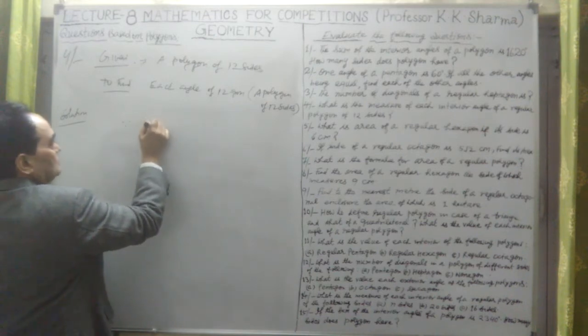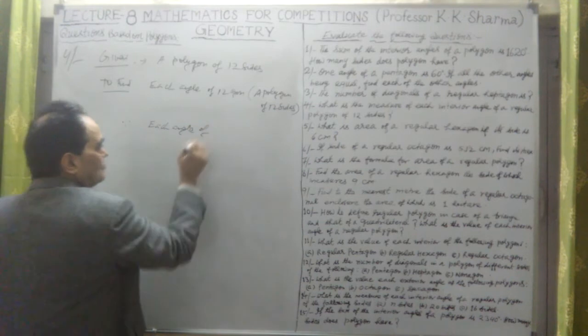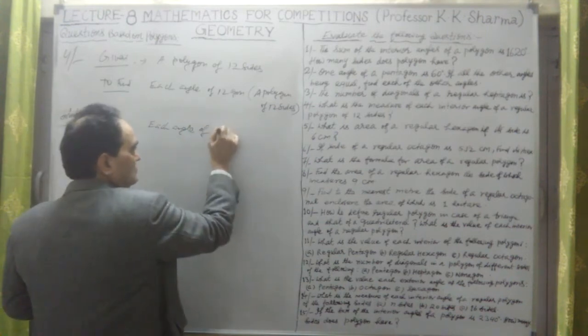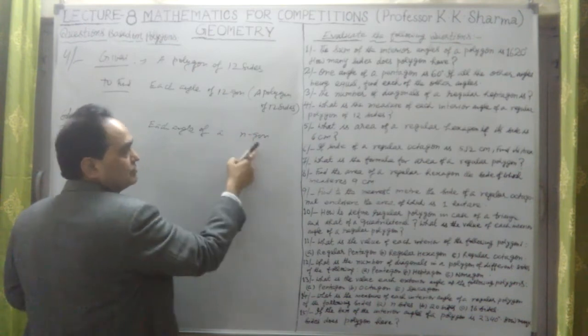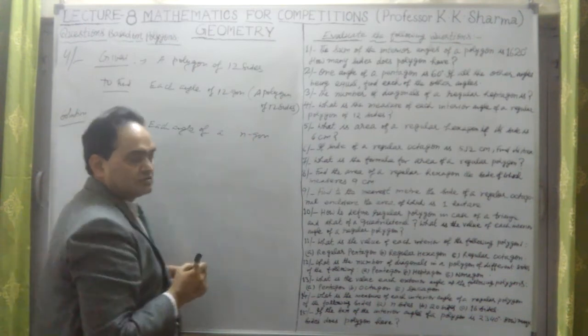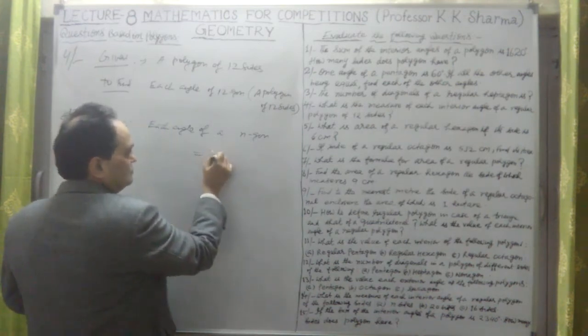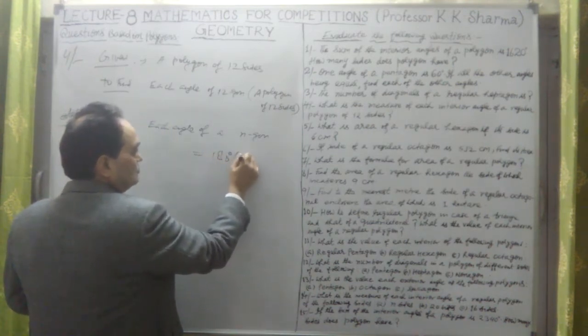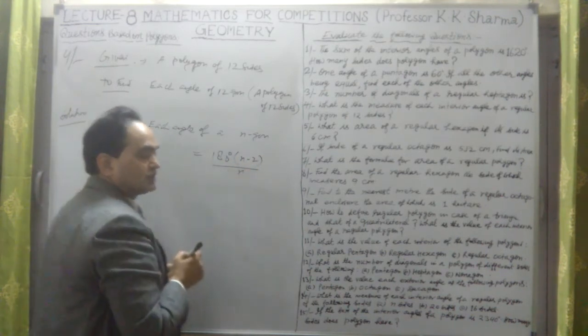Since each angle of an n-gon, meaning a polygon of n sides, is given by 180 degree into n minus 2 upon n. This is each angle.